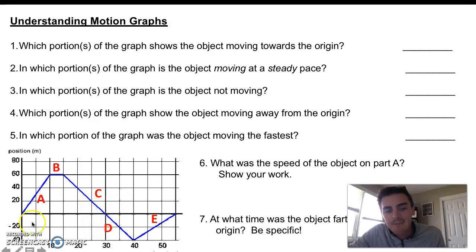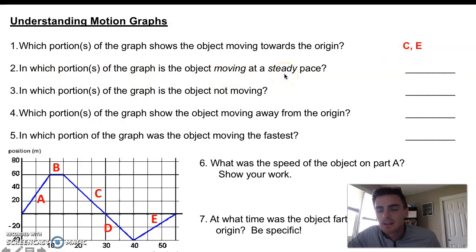Because part D, I'm now at the origin, but I keep walking past it, which would mean here I'm moving away from the origin. But then I turn around at part E here, and what am I doing? I'm walking back towards my starting point and my origin. So the only parts of this graph moving towards the origin are part C and part E.